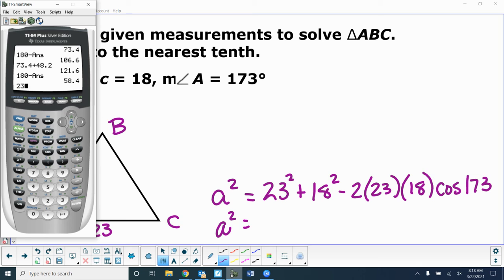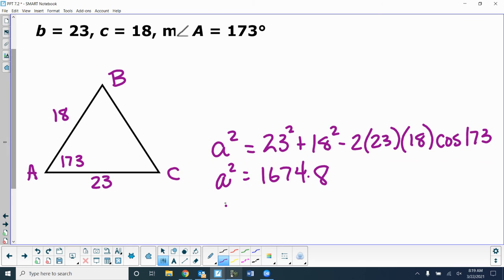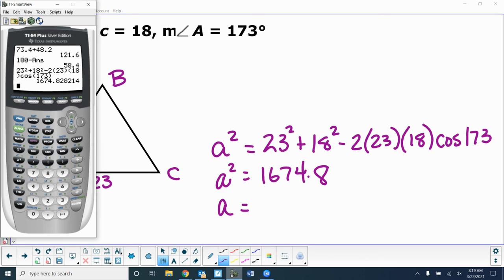So 23 squared plus 18 squared minus 2 times 23 times 18 cosine of 173. That's 1674.8. To find A, I'm going to take the square root of that, which is 40.9.